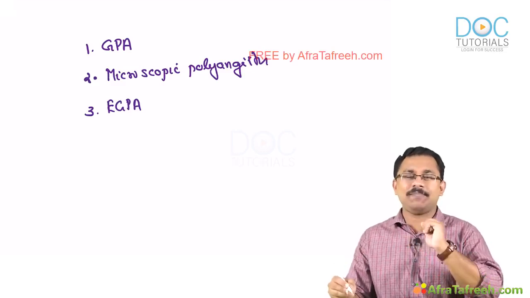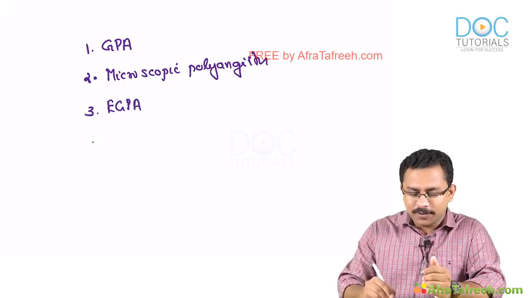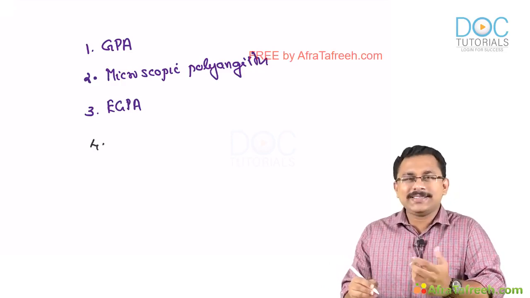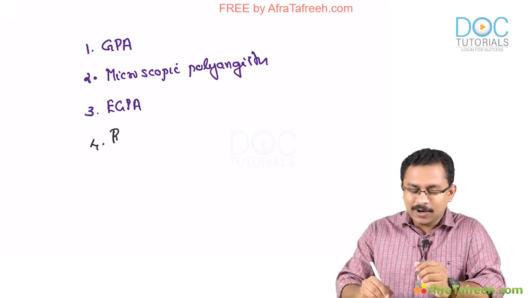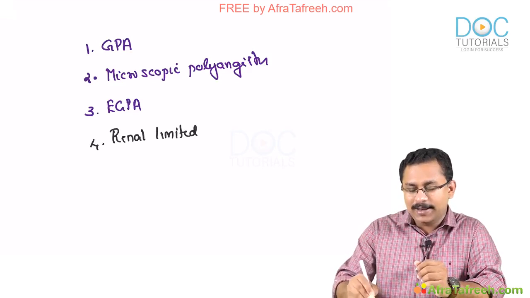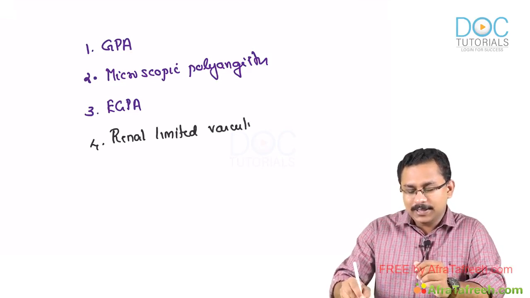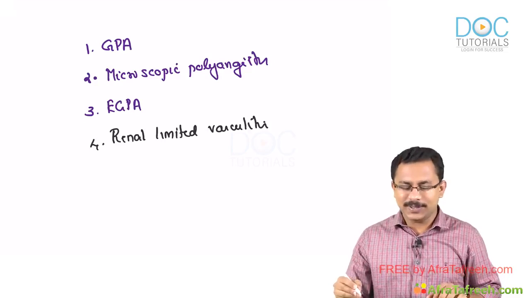So these are the three important types. There is also another subtype which is not very important for your exam, but just know that it is also a subtype of the ANCA associated vasculitis, that is called a renal limited vasculitis. So these are the four types of ANCA associated vasculitis.